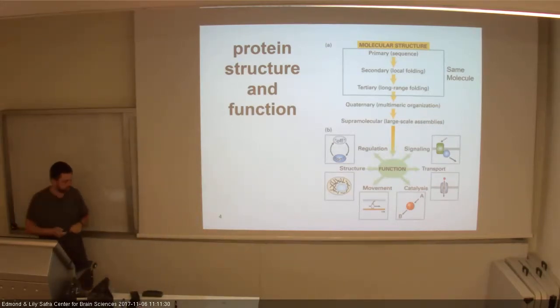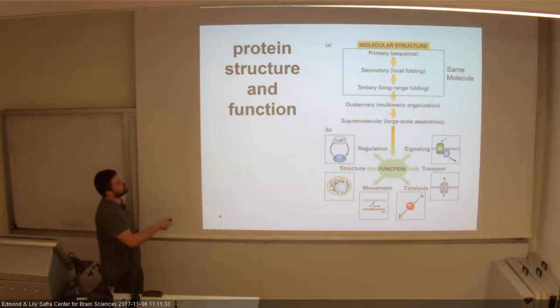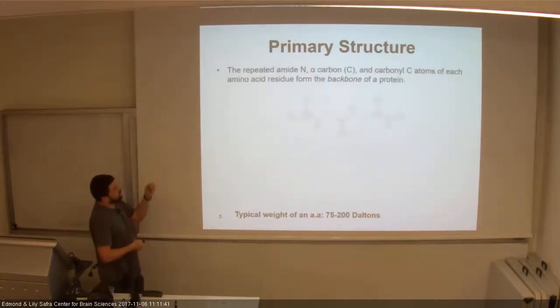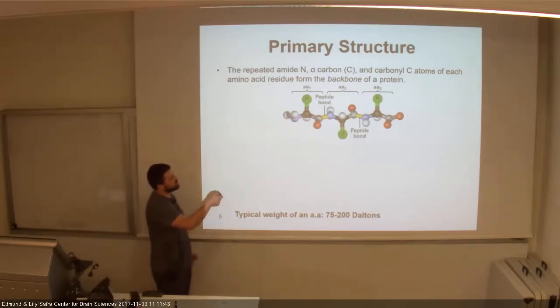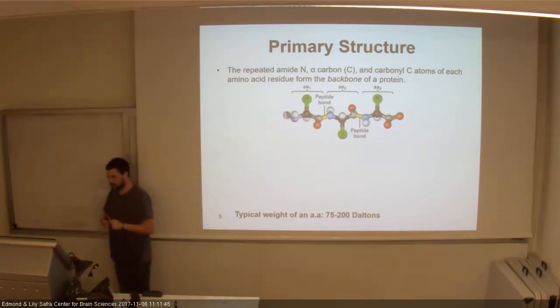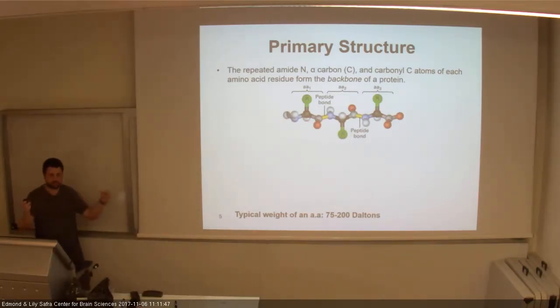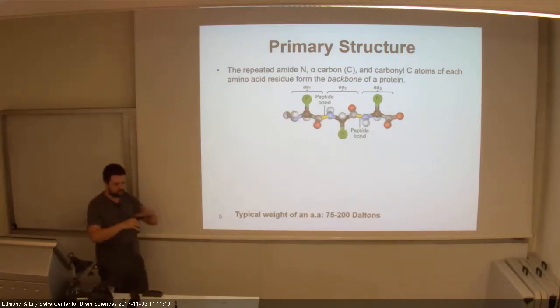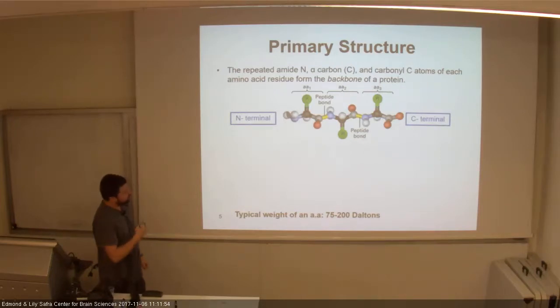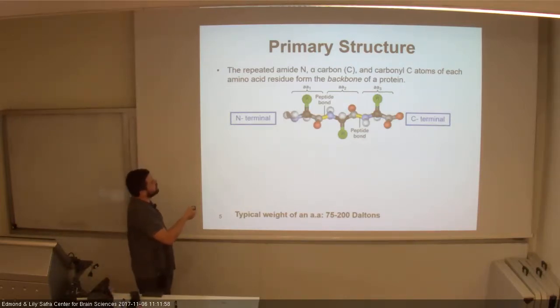Okay. So, I told you that there's this hierarchy, and when we talk about the molecular structure of proteins, what is defined as the primary structure is actually the sequence of the amino acids of a protein. There's no folding or anything in the primary structure. But what is important to know is that in the primary structure we define that there is directionality in proteins.